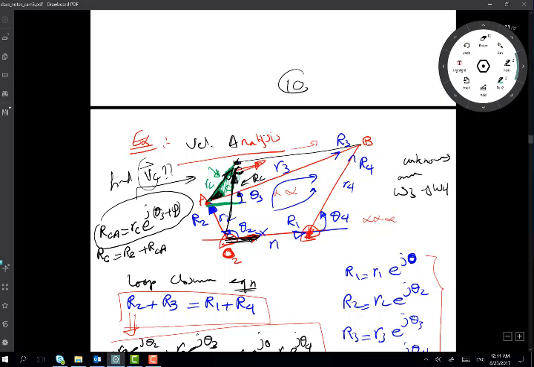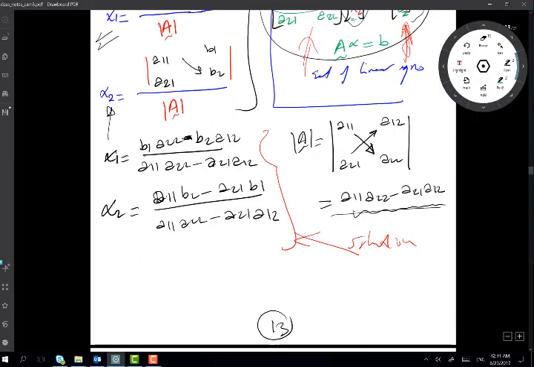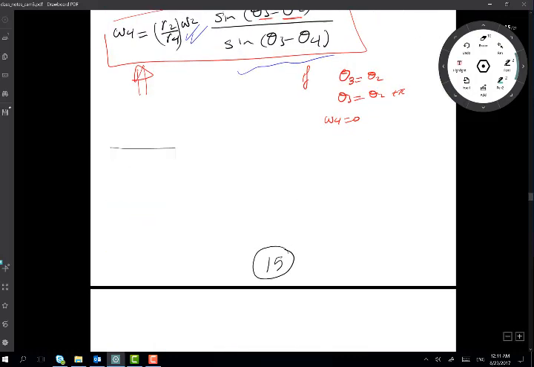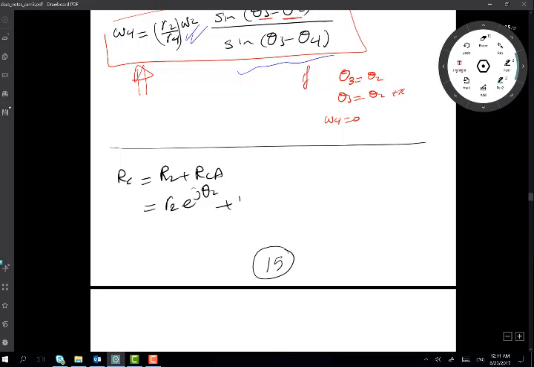So now I write it down here, just expand on this a bit. I'm going to say then RC was equal to R2 plus RCA, and this was R2 e^(j theta 2) plus RC e^(j(theta 3 plus phi)).